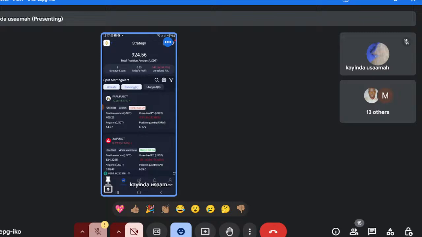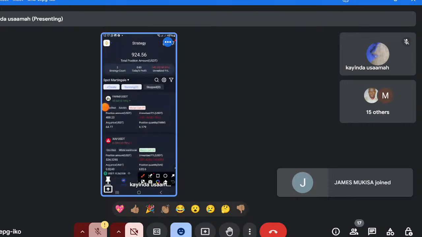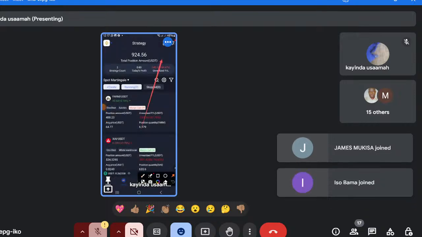For example, let's look at these icons. We are going to start from above. Look here, there is a box up there.